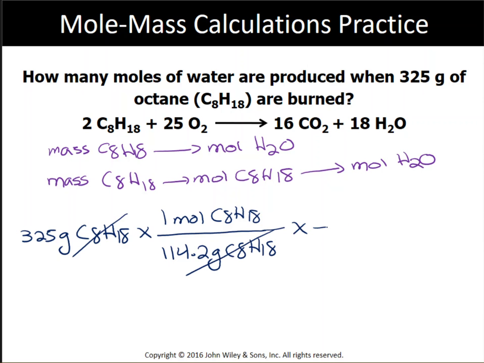And then to go from moles of octane to moles of water, we have to use the balancing coefficients as the molar ratio. So each 2 moles of octane produces 18 moles of H2O.